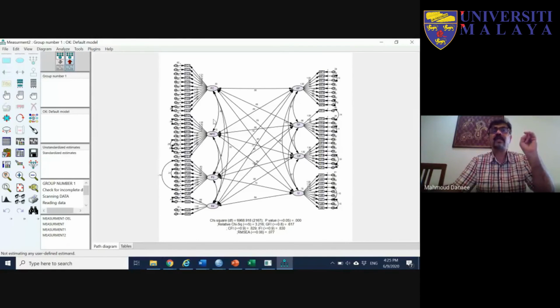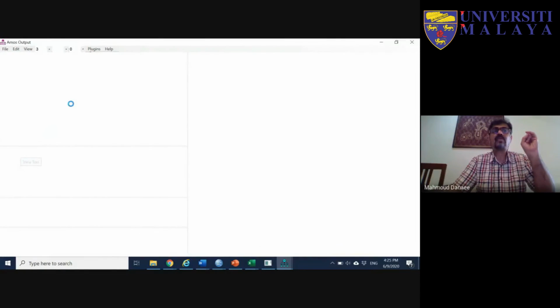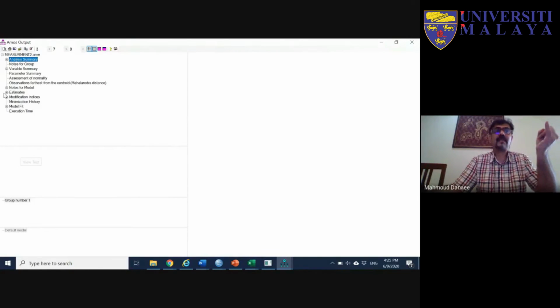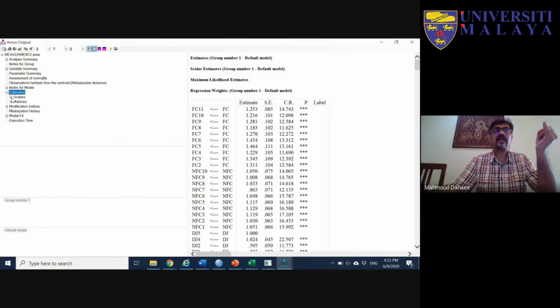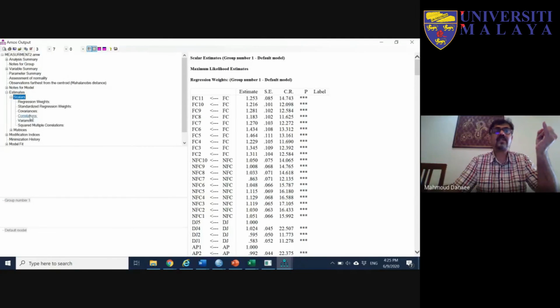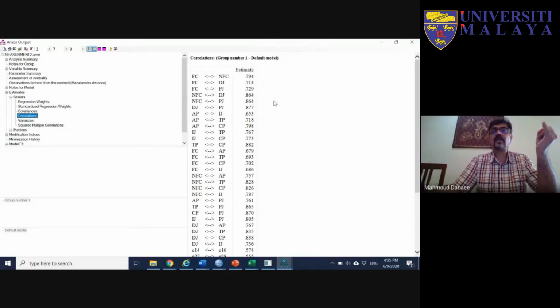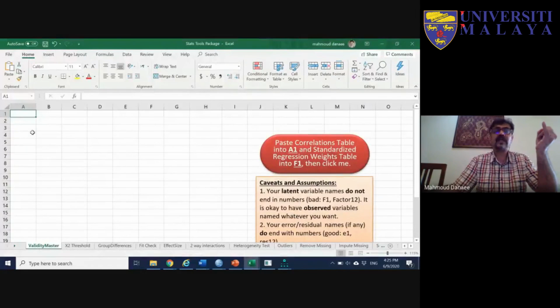You need to copy and paste some information from the AMOS output into that website. For example, if I go to estimate under scalars, I need the correlation first. This is the correlation I need to copy, and I paste this correlation table in A1.